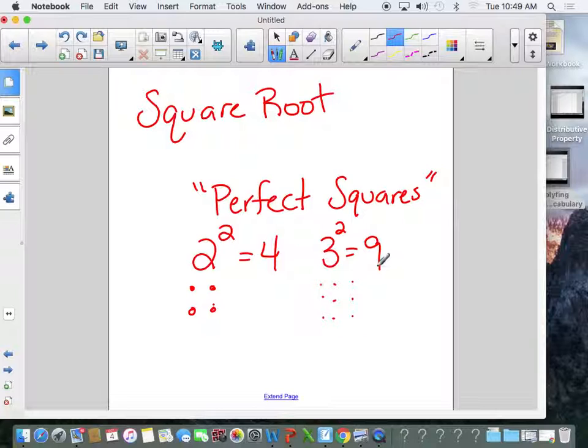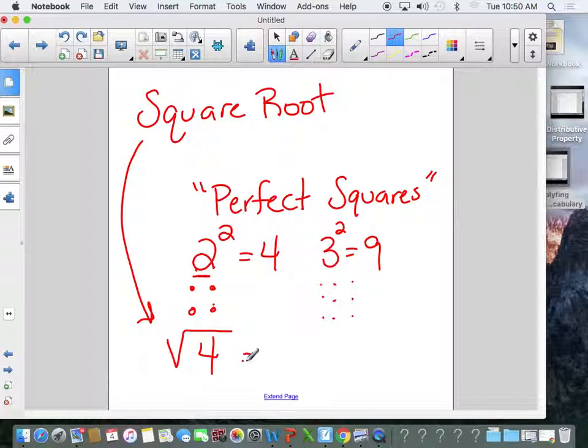So this week, we gave problems like this that have the square root. This represents a square root. And what it's asking is, what is that root number that's being multiplied by itself to form a perfect square? So what number times itself is 4?